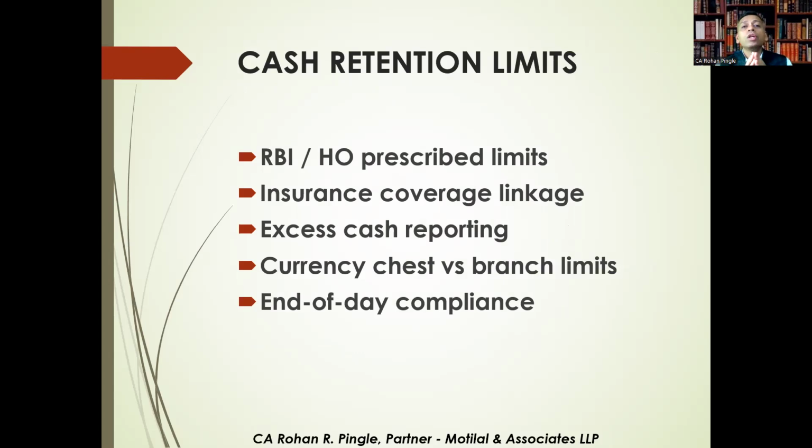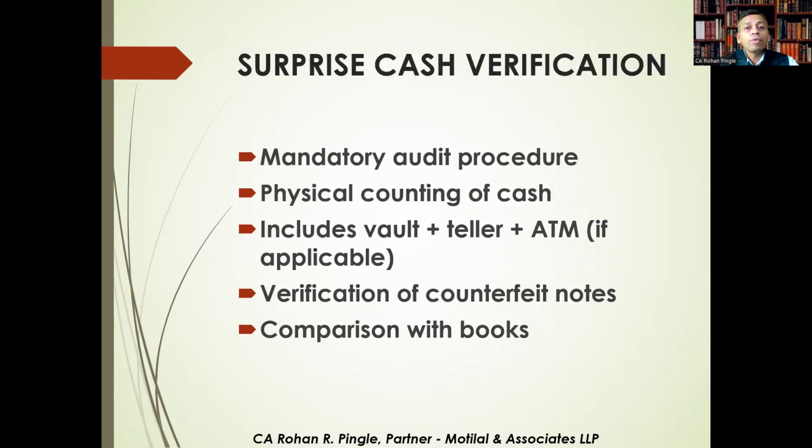Audit checks would involve comparing daily closing cash with the limit, whether excess or not, verifying excess retention reporting, and checking whether excess cash is remitted on a timely basis to HO. The key risk involved here is that holding excess cash increases fraud and theft exposure. What is important here is that the cash retention should always be within the prescribed limits set by the HO unless properly authorized.